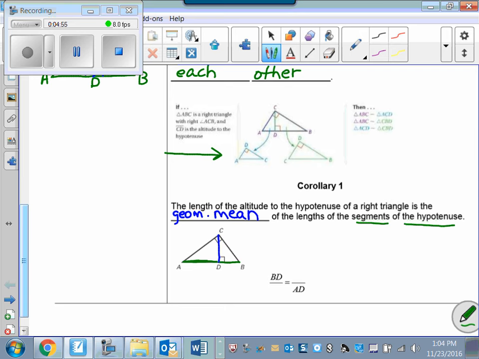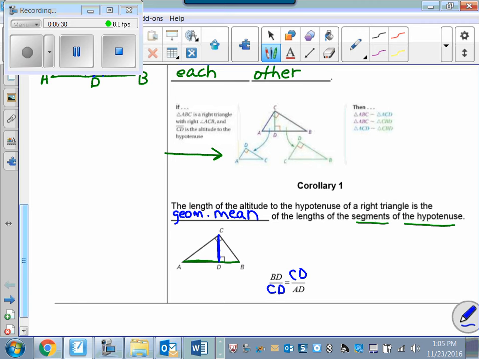What this is saying is that this altitude, which is blue, is the geometric mean of the lengths of the segments that it divided that hypotenuse into. Just let that sink in for a minute. When I drop this altitude, CD, it's going to be the geometric mean of the two parts that it divides the hypotenuse into.